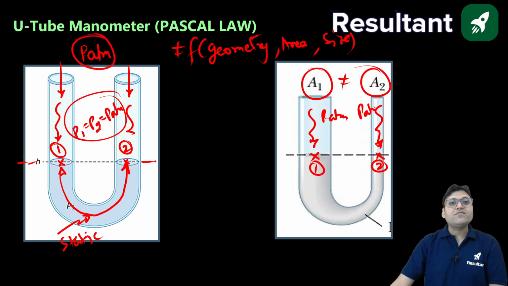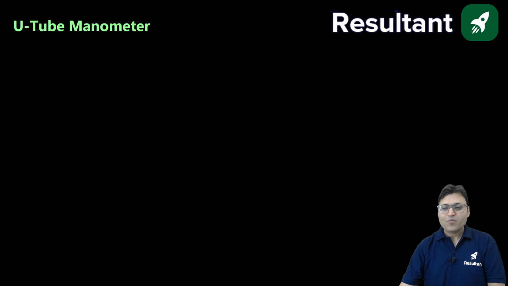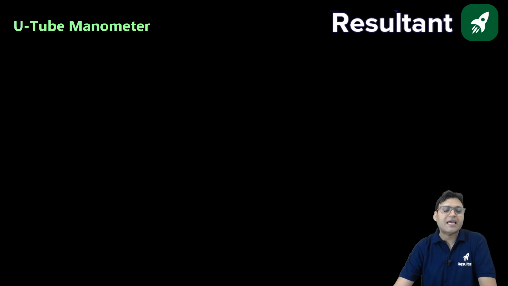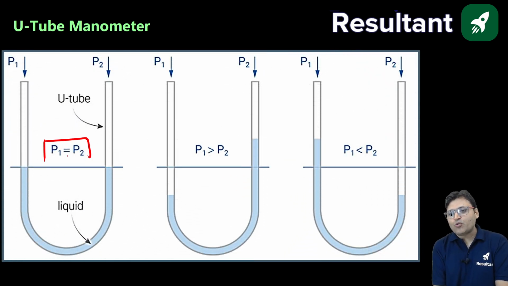Now, what will happen if we change the pressure in any one of the limbs? As long as P1 is equal to P2 in both the limbs, the level of manometric liquid will also be same in both the limbs. That is what I have already told you.